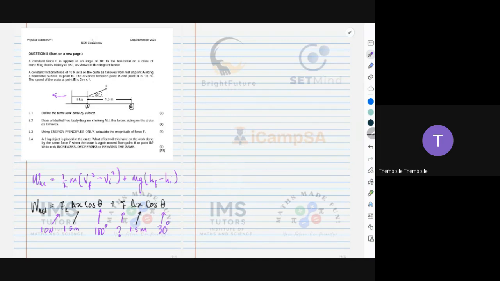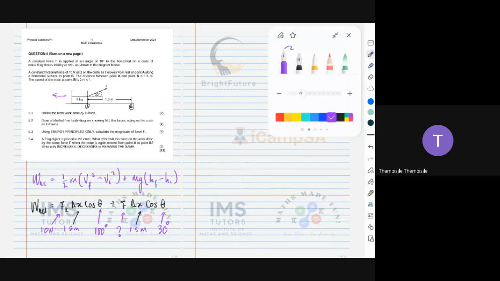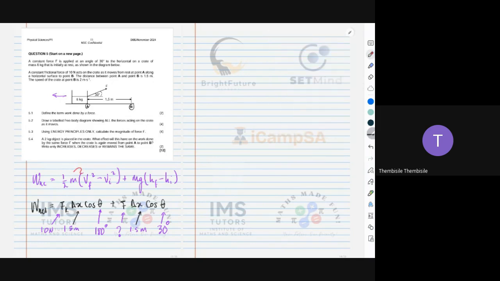So that means this is gonna be 30 degrees. Okay, then let's work on this other one here. The mass, we have it, which is 6 kg. Your final velocity, they said here. So our final velocity, the speed here at point B, because now we are at point B, we've covered 1.5 meters.